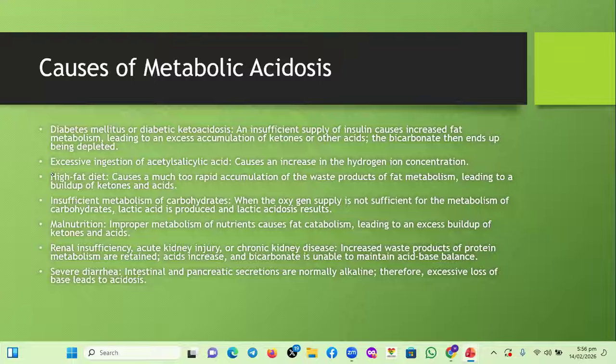The ketones are acidic in nature, okay? And so the bicarbonate ends up being depleted. So the person will be depleted of bicarbonate levels, and hydrogen ion levels will rather go up, and the person will have what we call metabolic acidosis. So in DM or DKA, we expect the person to experience metabolic acidosis.